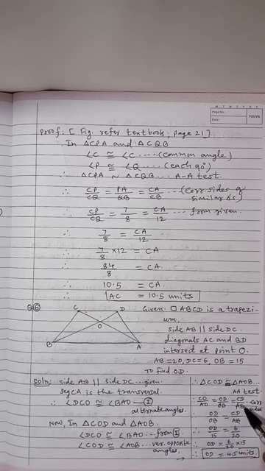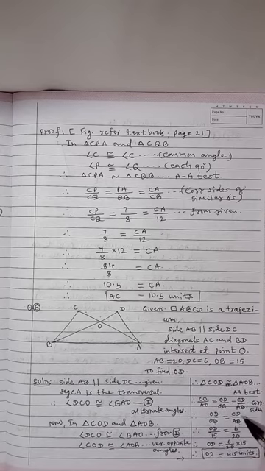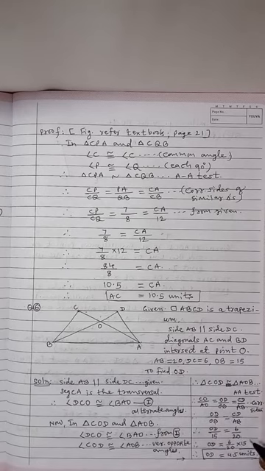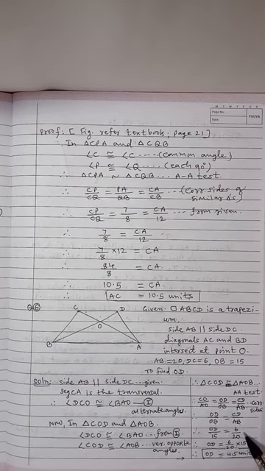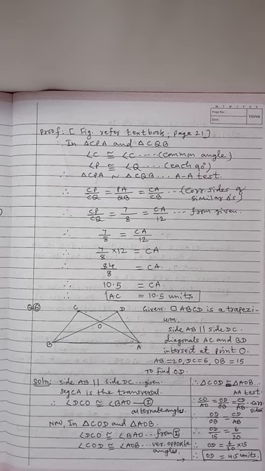Now substitute, to find OD. OB is 15, CD is 6 and AB is 20. Cross multiply: 6 upon 20 into 15. 15 sixes are 90 upon 20, and the zeros get cancelled.